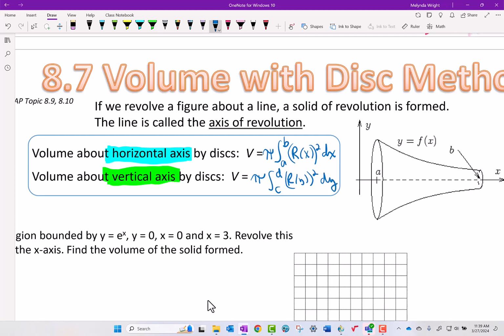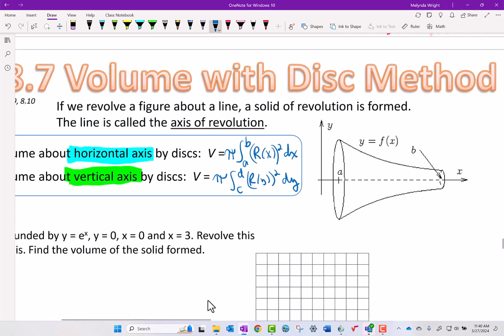So the only difference in the formulas is dependent on the axis that we're rotating around. If the axis is horizontal, we need to use x's. And if the axis is vertical, we need to use y's. And that is non-negotiable. We don't have a choice. We have to go by whatever axis we have.